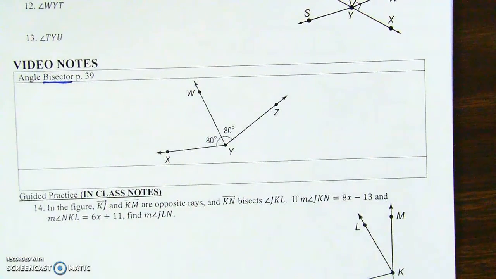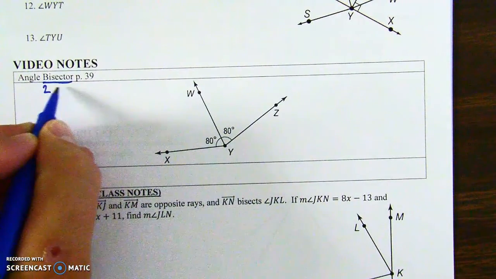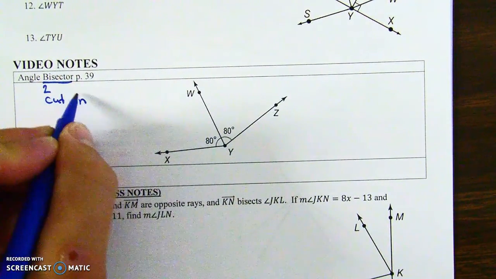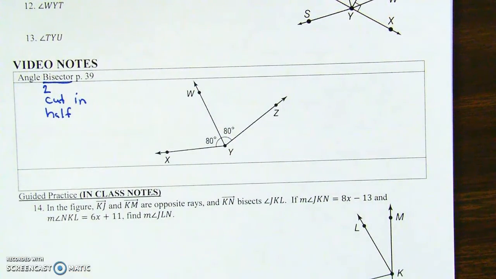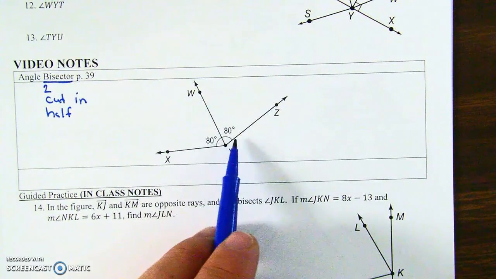Bisector. Bi means two, sector means we're cutting it in half. As you can see, and I've talked about this before, I make arcs inside these angles.